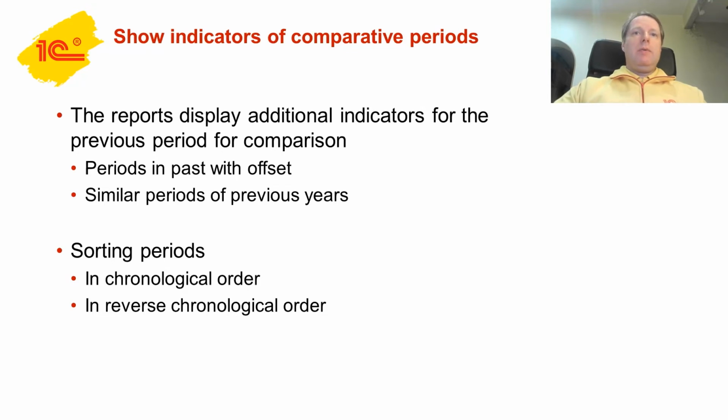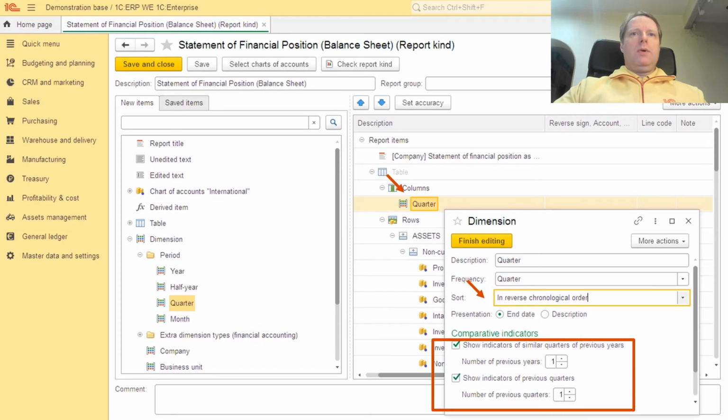Additionally, we have a sorting option in chronological order and in reverse order. Here are the options on the screenshot. On the screenshot, the periods with offset and similar periods can be used at the same time in the report.